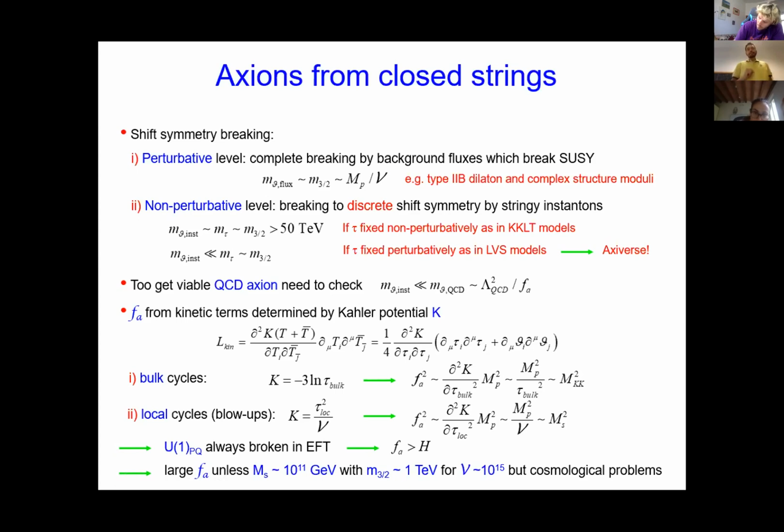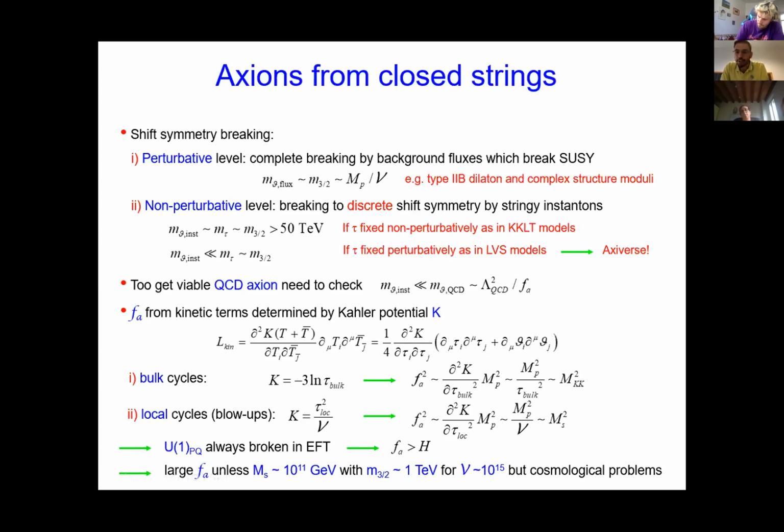On the other hand, if tau, so if the real part of these moduli, is fixed by perturbative effects, we know that at this level of approximation the axions are still flat because they are protected by their shift symmetry. Which means that tau, which is say larger than 50 TeV, would have a mass much larger than the mass of theta developed by instantons.